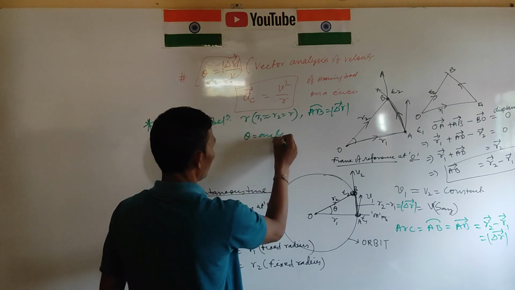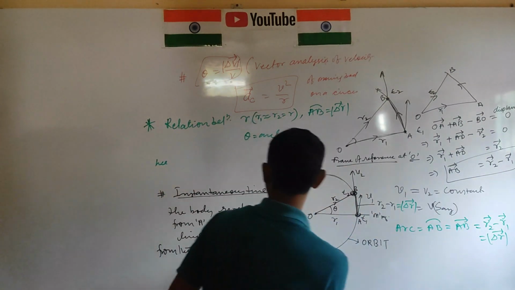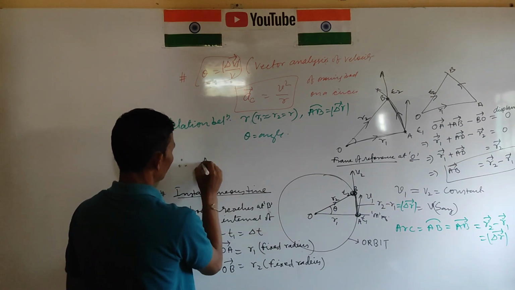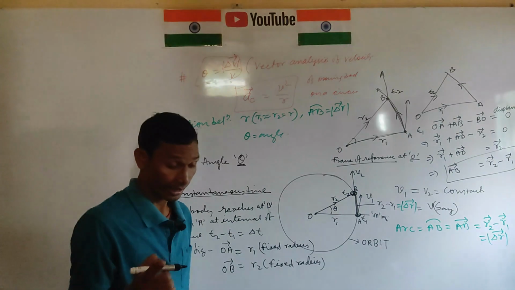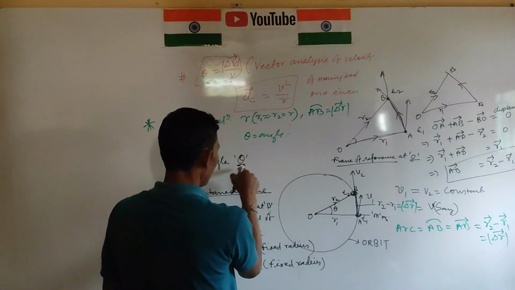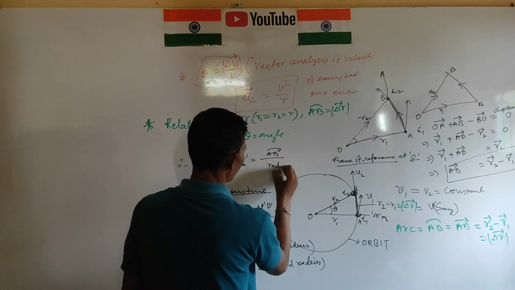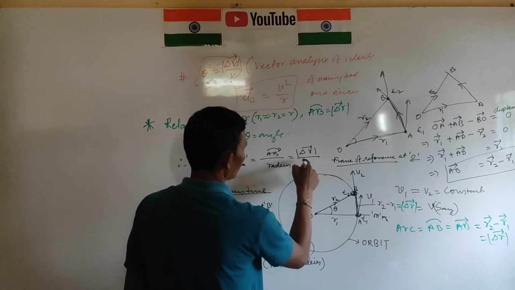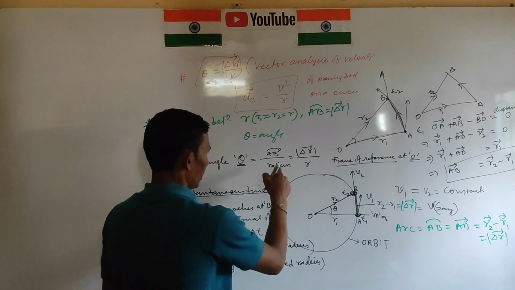We know that at the instantaneous time, when the body moves in a circular path, theta equals arc AB upon radius, that is delta R upon R. This is equation 1.